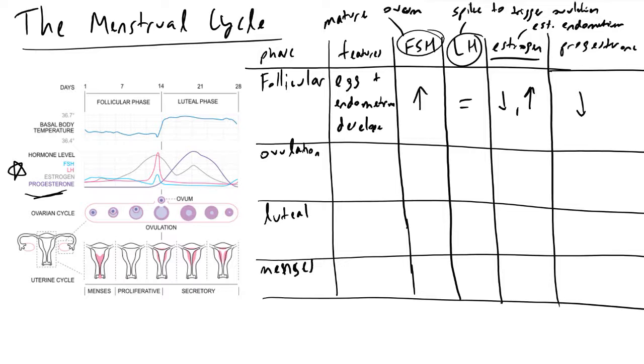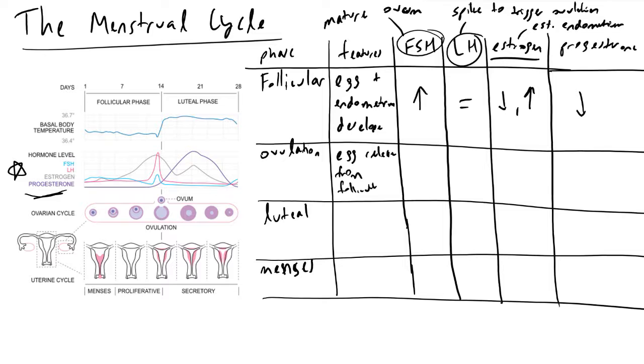Now what's going to happen in ovulation is the egg is released from the follicle, and it's deposited into the peritoneal cavity.